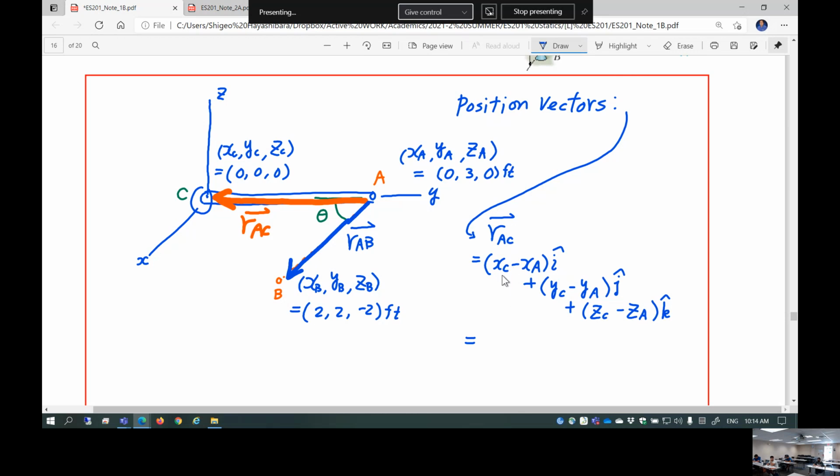So XC is 0, YC is 0, ZC is 0. Those are all zeros. XA is 0. The only non-zero component is this, 3 foot. ZA is 0. So what is your conclusion?